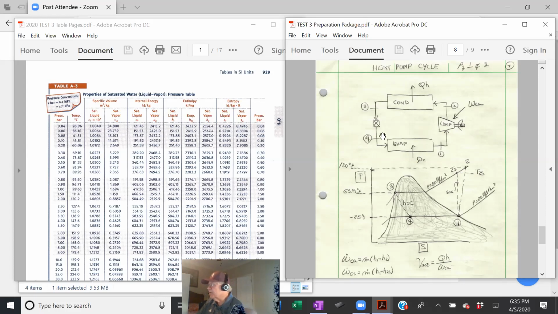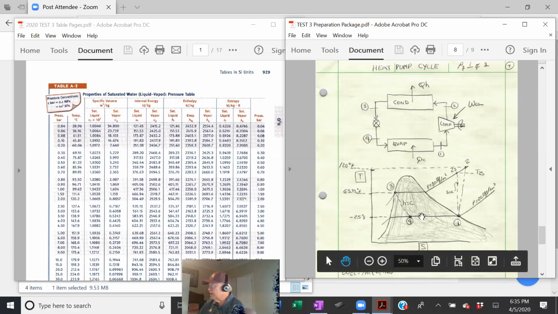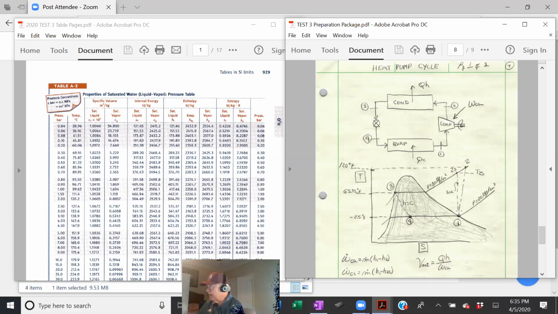So there's the actual circuit. Let's just follow it through. We start here coming out of the evaporator. Here's our flow through the evaporator from 4 to 1, and we come out at least here and maybe a little further. This is all saturated vapor. We might even come out a little further on this constant pressure.